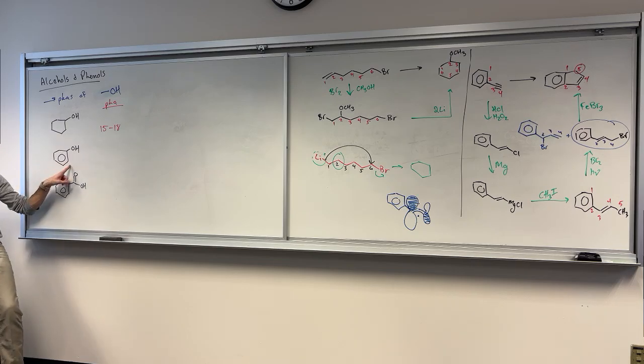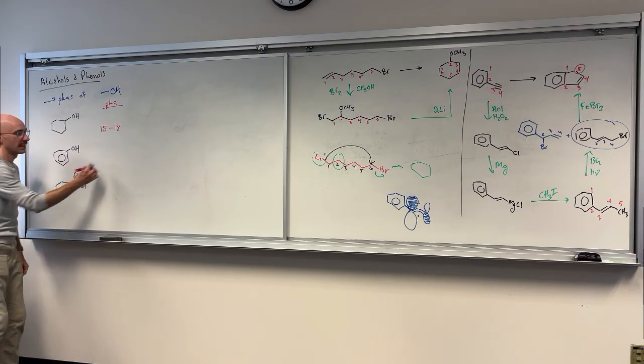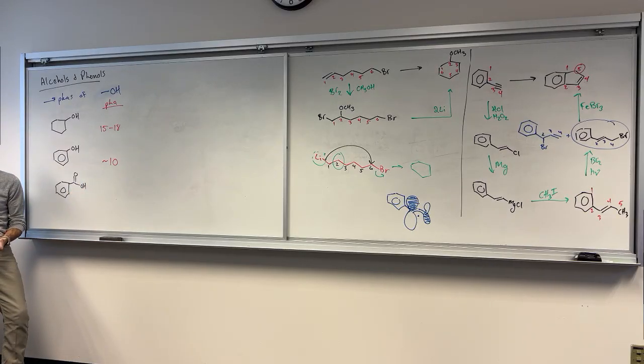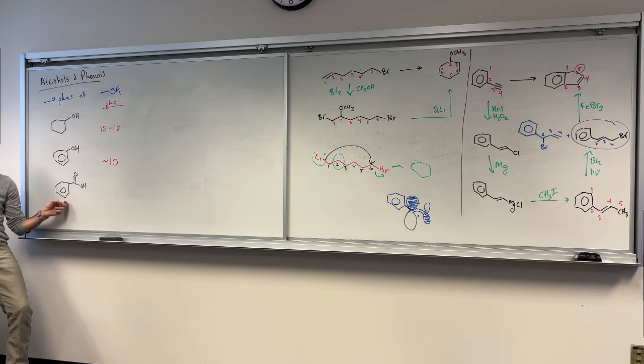The pKa of a phenol is about 10. That's 10,000 times more acidic than a regular alcohol. For every one molecule of alcohol that acts as an acid, there are 10,000 molecules of phenol that act as an acid. And then we get the carboxylic acid. Do you know the pKa of this?